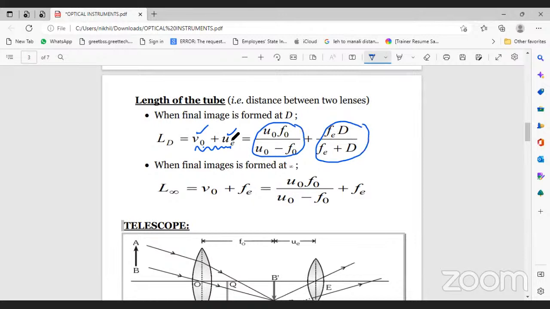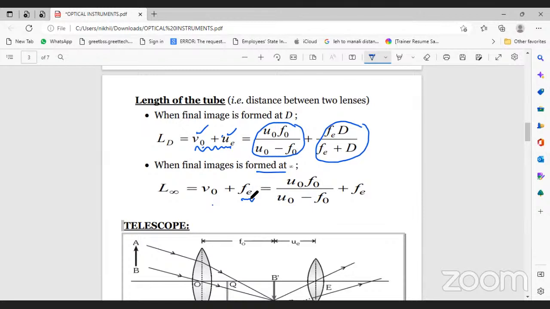Just remember this, and on simplification by substituting the lens formula, you can get all these things. So if the image is formed at infinity, then the length of the tube will be v naught as it is, and the object distance of the eyepiece is nothing but fe. So v naught plus fe will be the length of the tube if the image is formed at infinity.